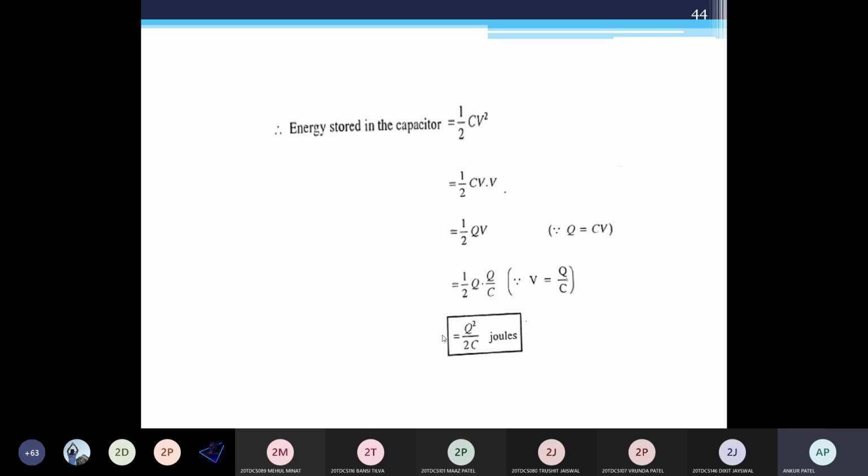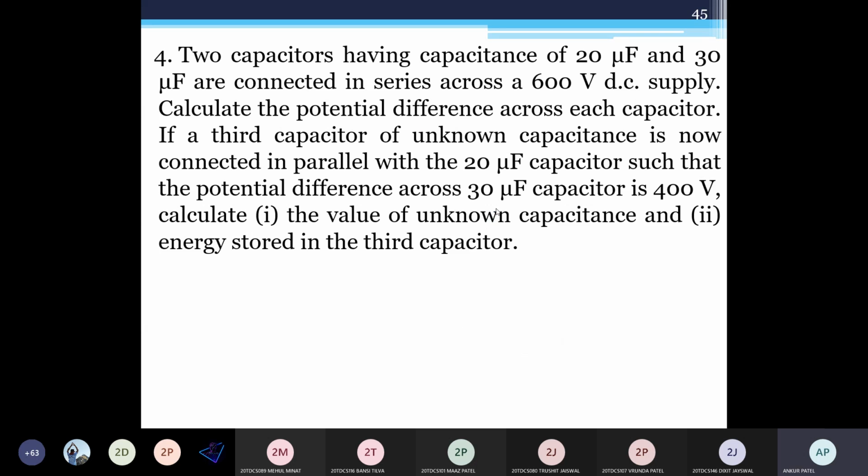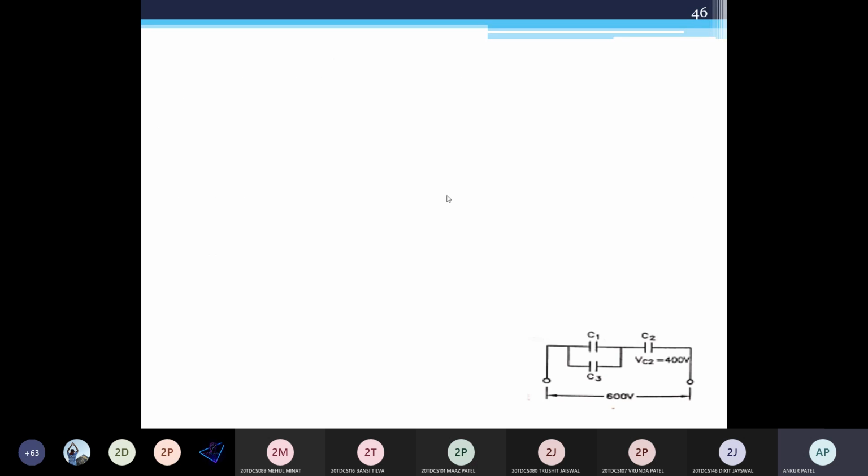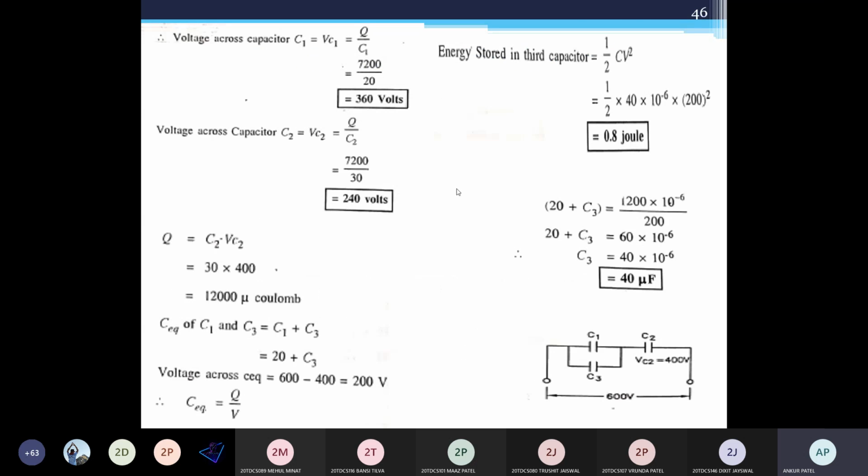Okay, so there are three equations that you have to remember when we store energy in the capacitor: 1/2 CV square, 1/2 QV, and Q square by 2C. Okay, so after that, again, we will go for the examples. If series and parallel combination of capacitor is given, then you need to find this energy stored in capacitor. So you have to use these equations: 1/2 CV square.